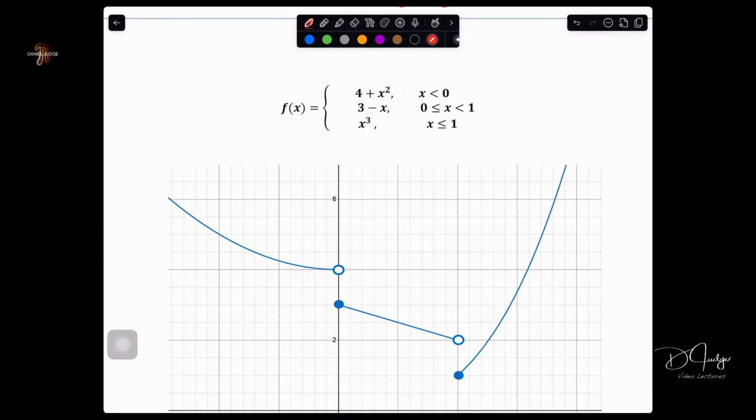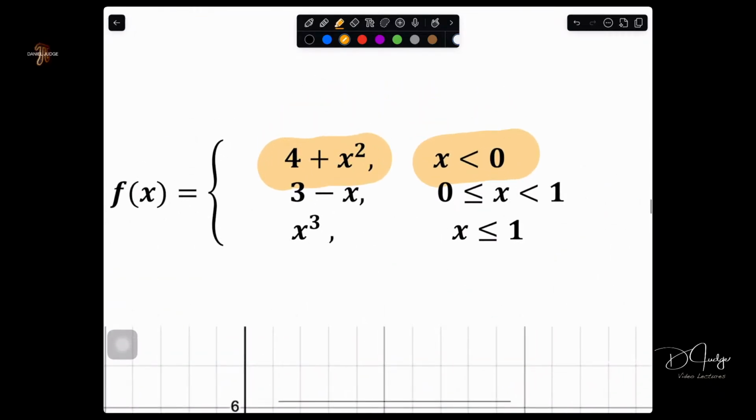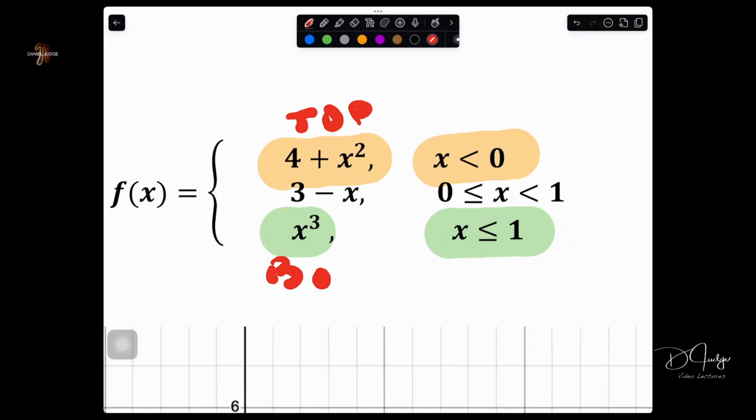Got 3 pieces here. Your top piece is used for values of x that are less than 0. So we call this the top. The bottom piece down here, just this x cubed, is used for values of x that are less than or equal to 0. I'm sorry, less than or equal to 1, as it says here.